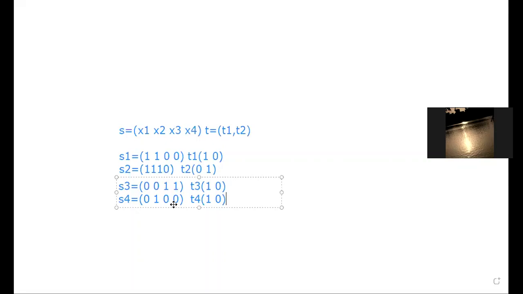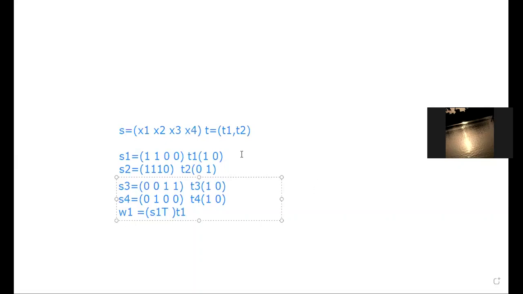Okay, that is, you are calculating W1 as W1 is equal to S1 transpose, okay, S1 transpose T1. S1 transpose T1.